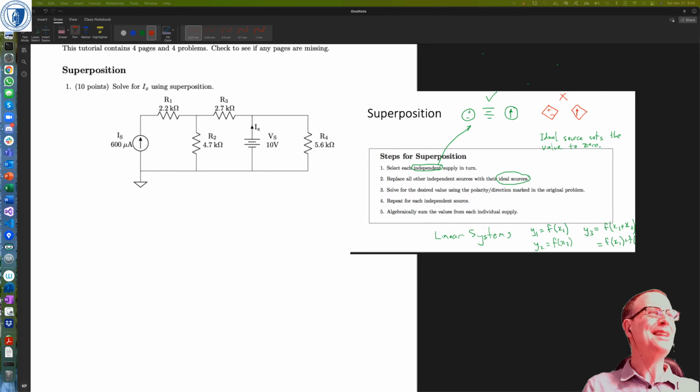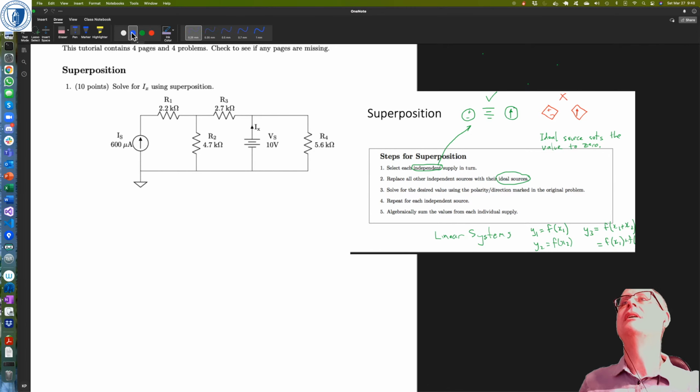Okay. So let's have a look at the question. We want to solve it using superposition, and we want to solve for Ix.